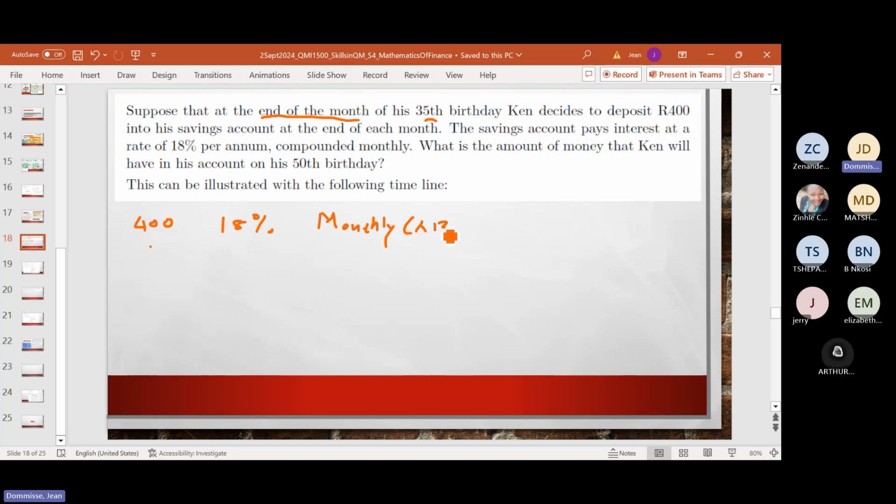There is going to be that interest component. What is the amount of money that Ken will have in his account on his 50th birthday? Okay, so what we can also do is just do a simple timeline.